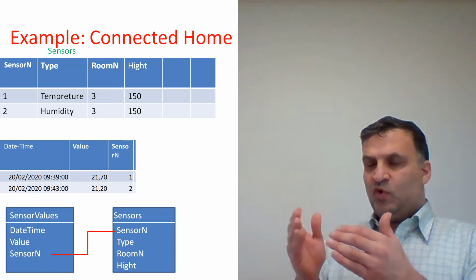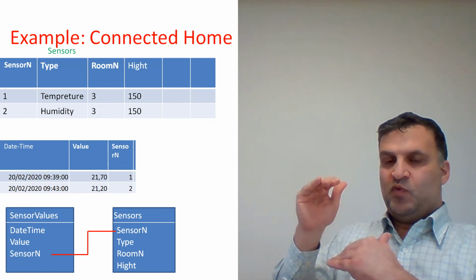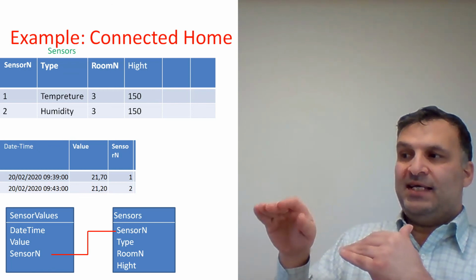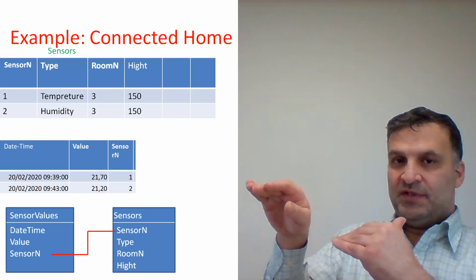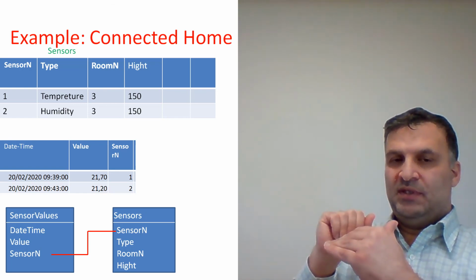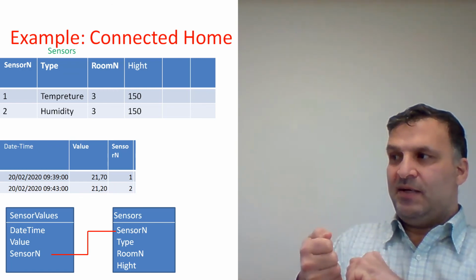So, to explain that, we had 2 tables. When we used the join, what happened? We completed the lines of sensor values with the columns of the other table using the connection. The connection is sensor number.